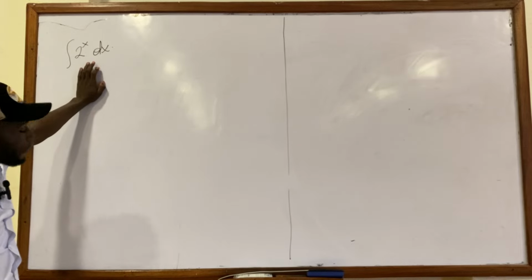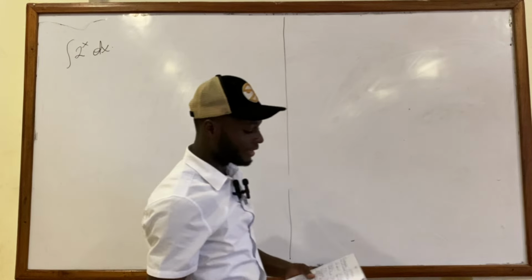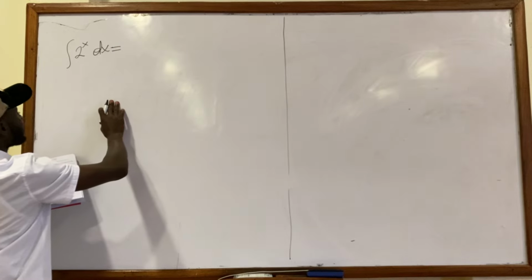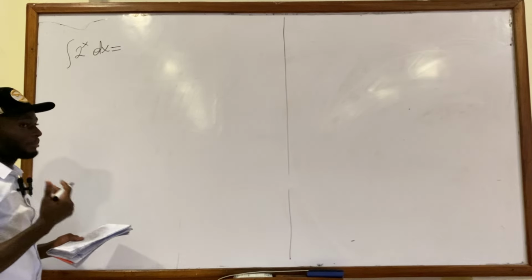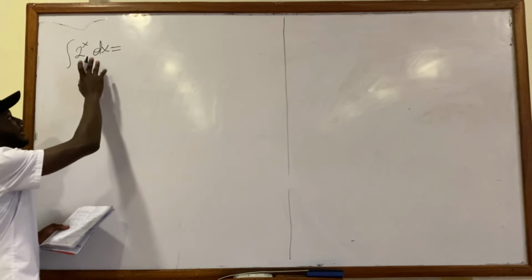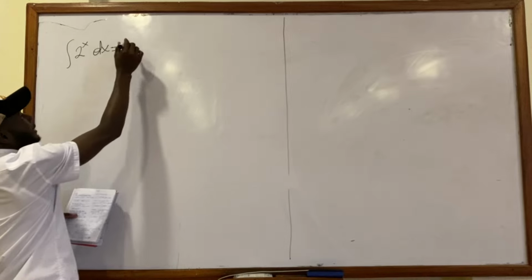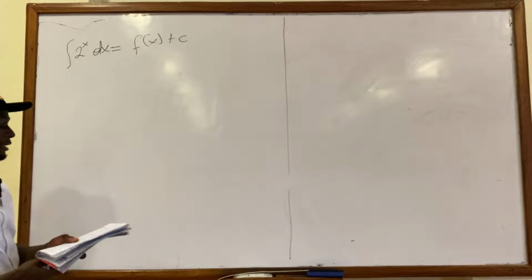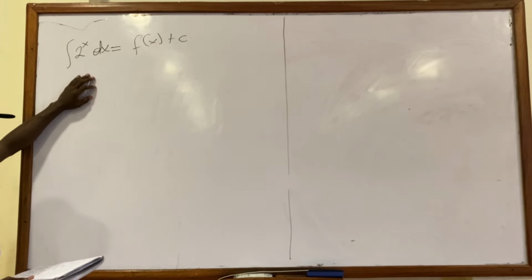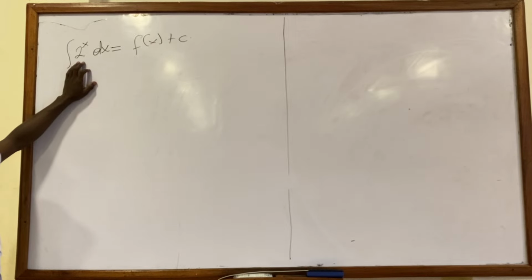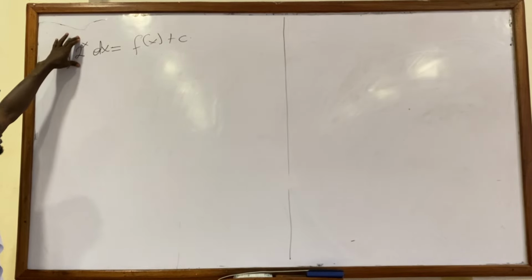Before we can evaluate it, we need to find the function f of x such that this integral is equal to f of x plus a constant, say c. To find f of x, we need to integrate the function inside the integrand, and this is 2 power x.